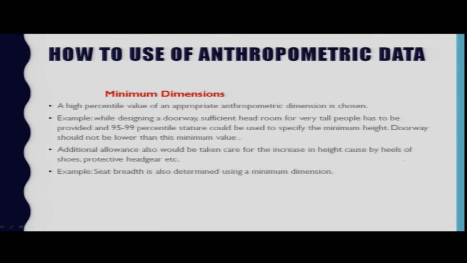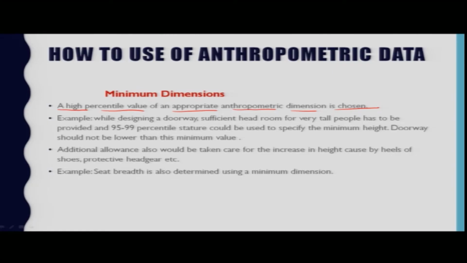this anthropometric data. So, there are basically two considerations here in this anthropometric data. First is based on the minimum dimension, and second is based on the maximum dimension. So, a high percentile value of an appropriate anthropometric dimension is chosen.